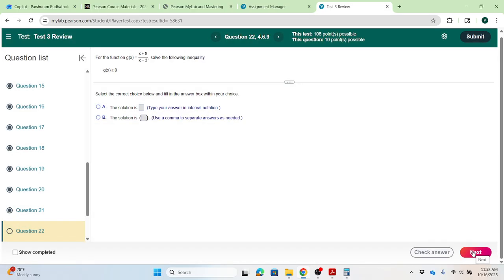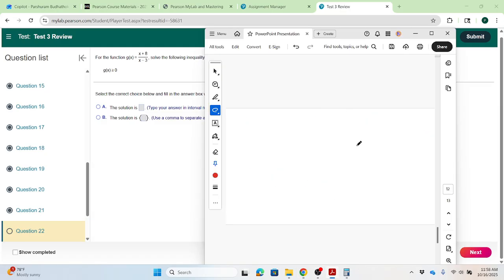For the function g of x, solve the inequality. To solve the inequality, first of all, you need to find what makes that function 0. So x plus 8 over x minus 3 equals 0. X equal to 3 makes the function undefined, so 3 is one of the critical points, and x equal to negative 8 makes the function 0, so negative 8 is another critical point.